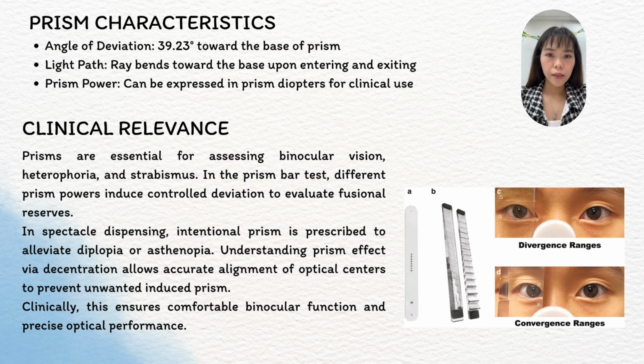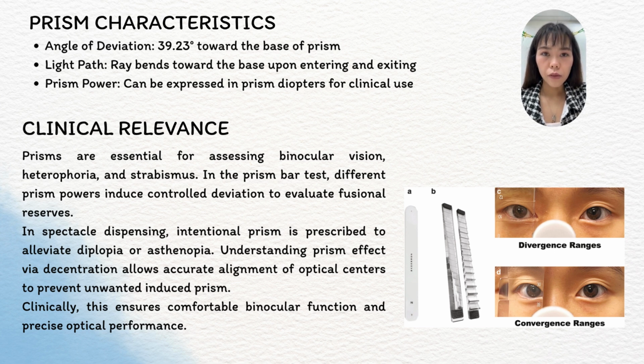Okay, from the calculation, the prism produces an angle of deviation of 39.23 degrees, directing the light toward the base of the prism. Prism can also be measured in prism diopters, which describe their clinical strength. Clinically, prisms are essential in managing binocular vision disorders such as strabismus and heterophoria. In the prism bar test, different prism powers are used to evaluate and balance ocular alignment.